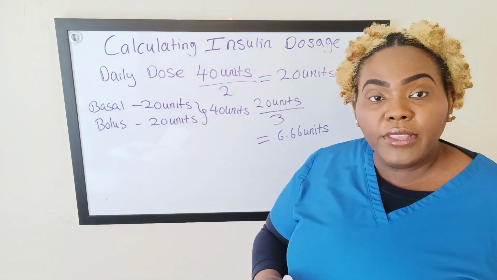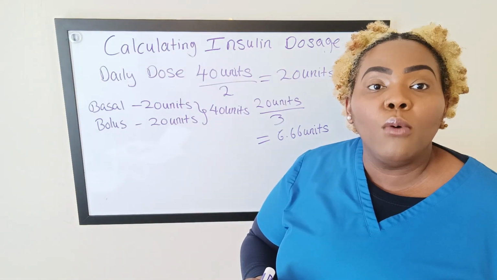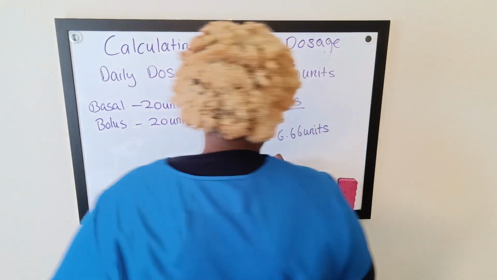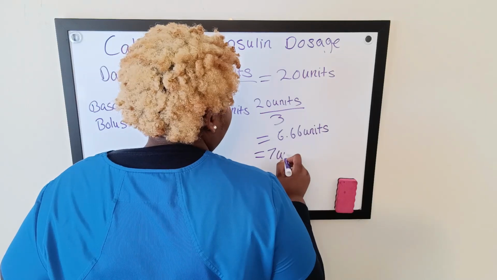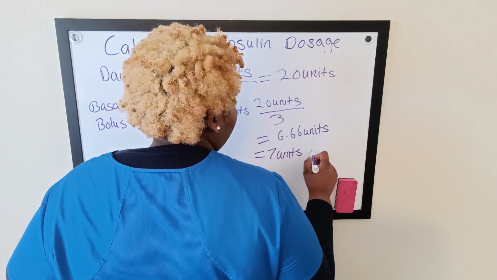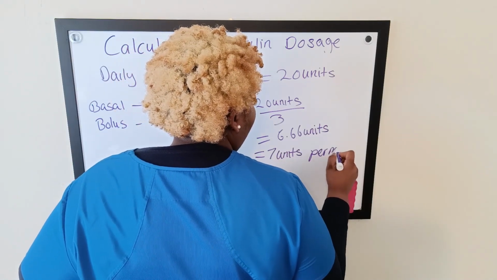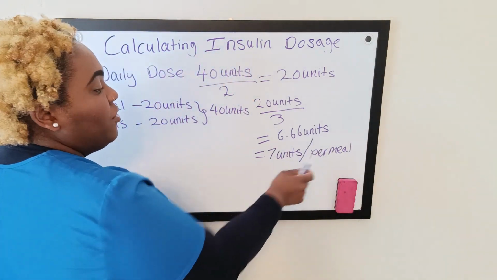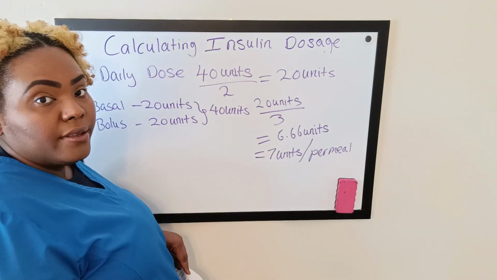And what is going to be our nearest whole number? Our nearest whole number will be 7, because we have 6.66. So this patient will be getting 7 units per meal.